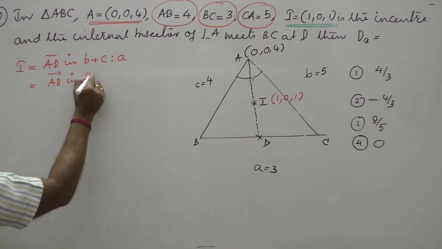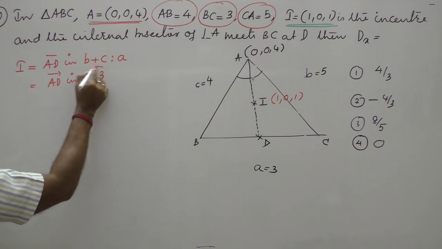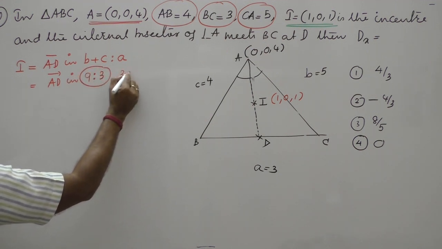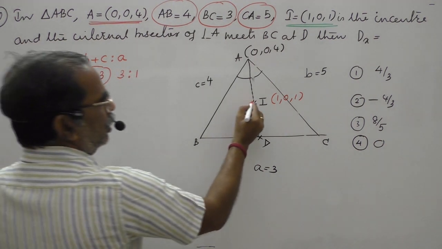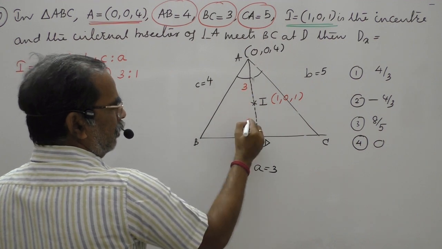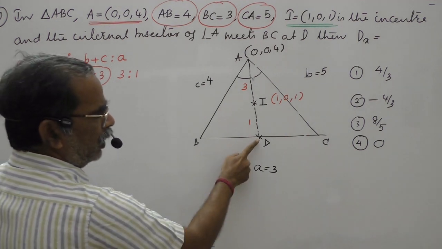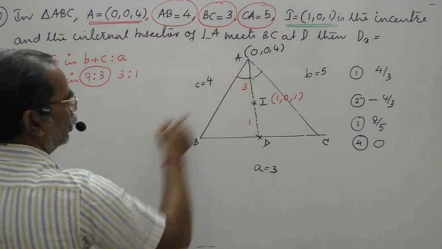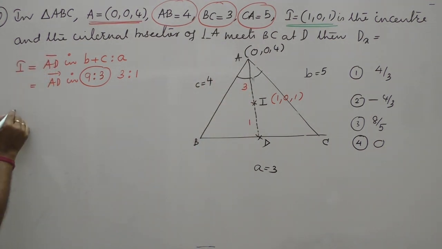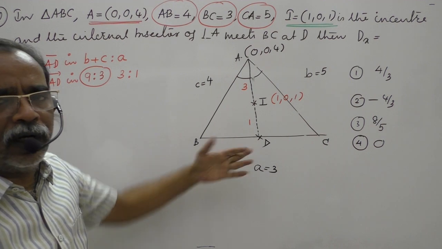It is 9, is to A. A is what? 3. That is 9 is to 3, which is nothing but 3 is to 1. So this internal angle bisector is divided in the ratio 3 is to 1. So we have to find this point D. So D, I, A are collinear. So there are 3 points on this line. 2 points are known, we have to find the third point.